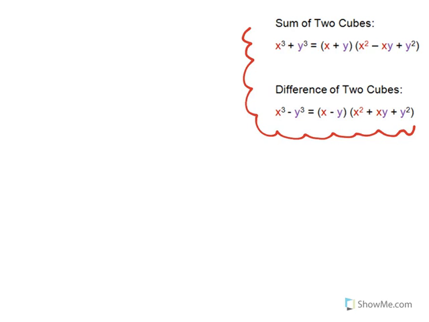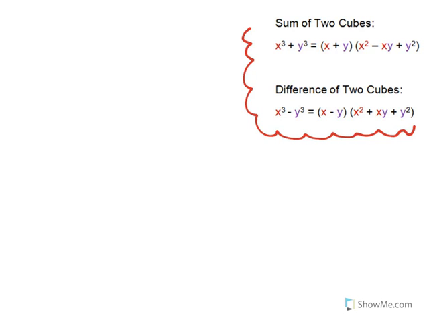Okay, so here are our rules. If we have a sum of 2 cubes, we write it like it says up here. And what you need to do first, before you do anything else, is you need to be able to actually write your initial perfect cube as its cube roots.